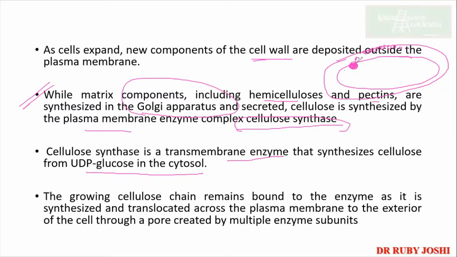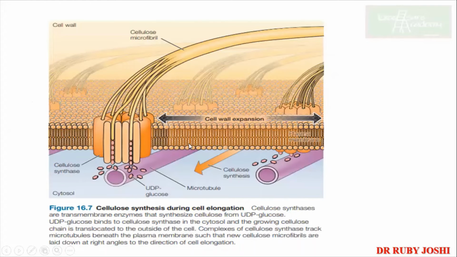So what we are saying here is that आपने यहाँ पे UDP glucose से बनाया cellulose components, then there's a pore, it goes out and then gets inserted into the cell wall. Okay, now look over here. You have the cellulose synthase. Look at the structure. Now what is happening? The UDP glucose is coming as your substrate.